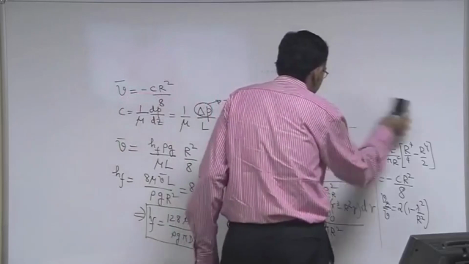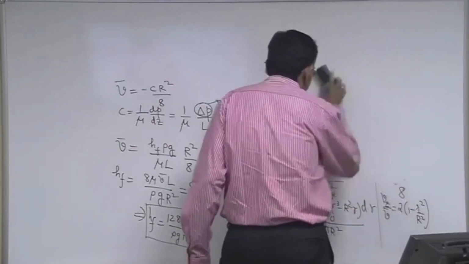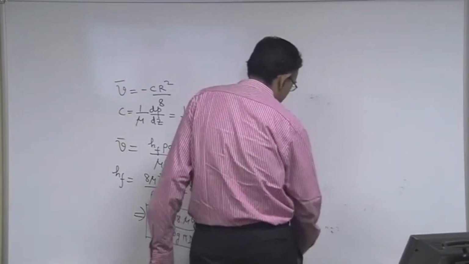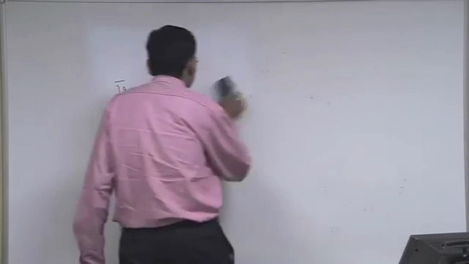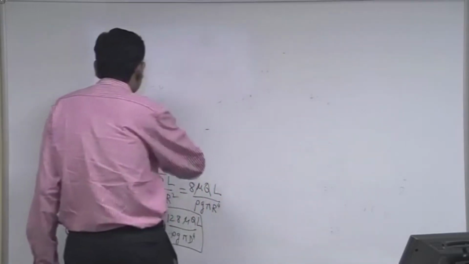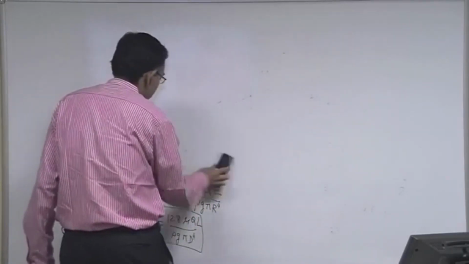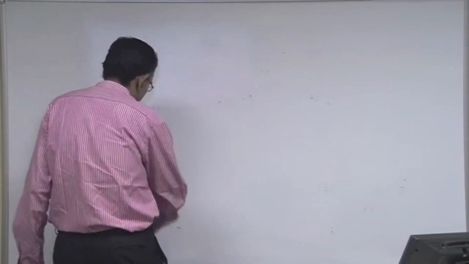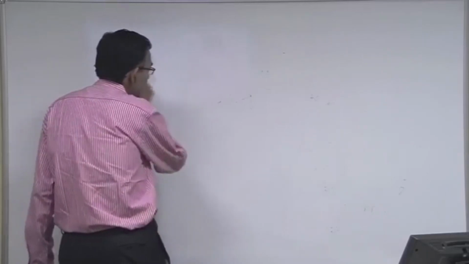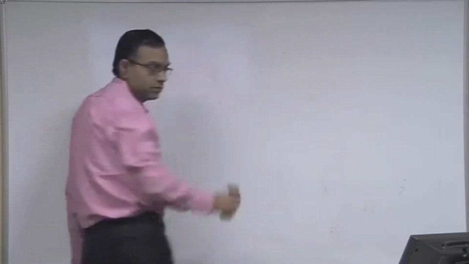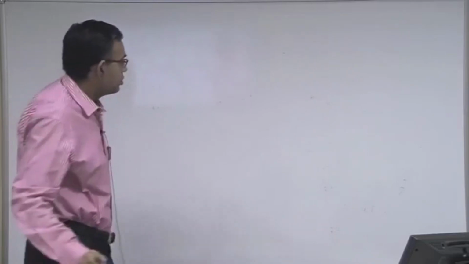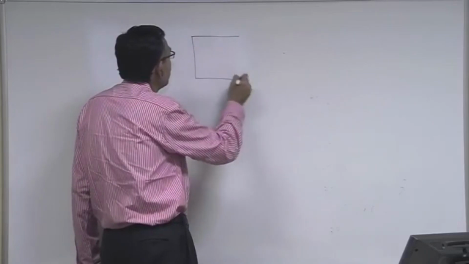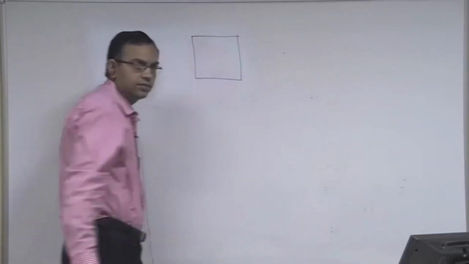So we will first make a schematic to understand what we are talking about. So let us say that you have a channel of cross section like this.